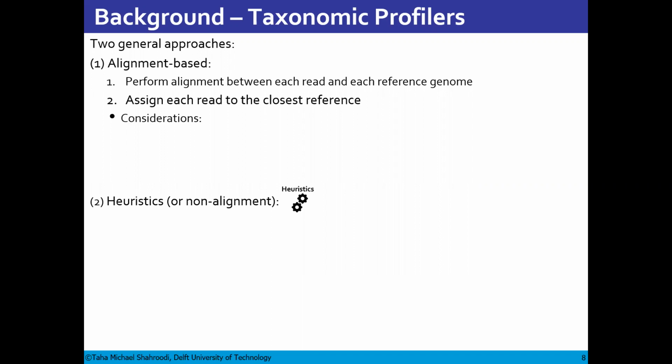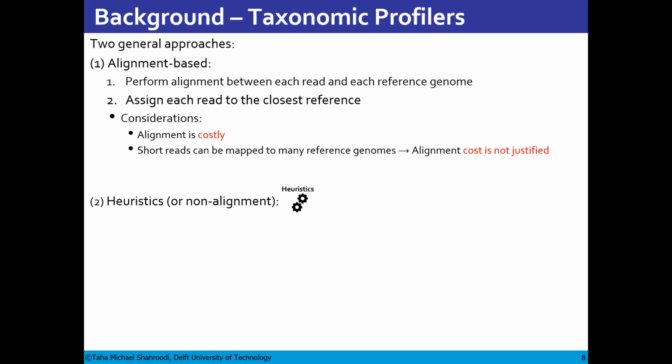Methods in this category are costly, as a single alignment has a high cost, especially when we consider that we need multiple alignments per every single input. They do not necessarily produce accurate results and require post-processing in addition to alignment, as a short string can map to multiple reference genomes anyway.